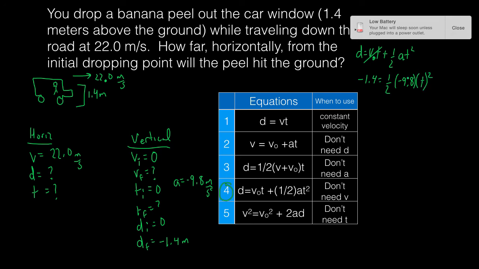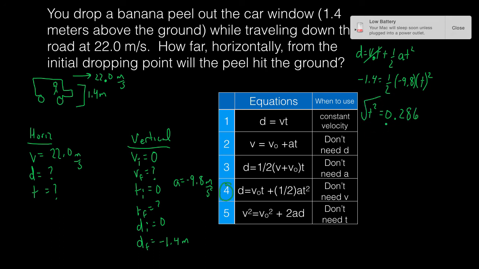And now we can solve for time. A negative 1.4, I'm going to times each side by 2, and then divide each side by a negative 9.8. And what I'm finding is t squared is equal to 0.286.